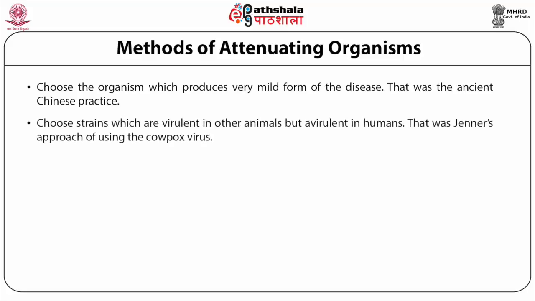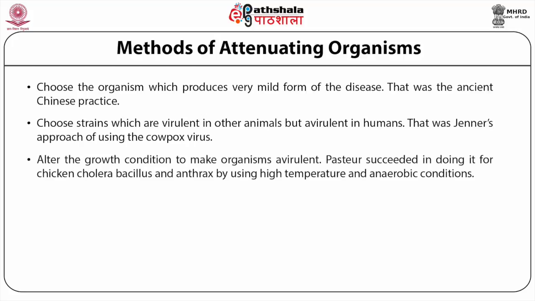Another is to choose strains which are virulent in other animals but avirulent in humans. That was Jenner's approach of using the cowpox virus. It was Pasteur, we may recall, who discovered that altering the growth conditions can make organisms avirulent. He succeeded in doing it for chicken cholera bacillus and anthrax by using high temperature and anaerobic conditions.